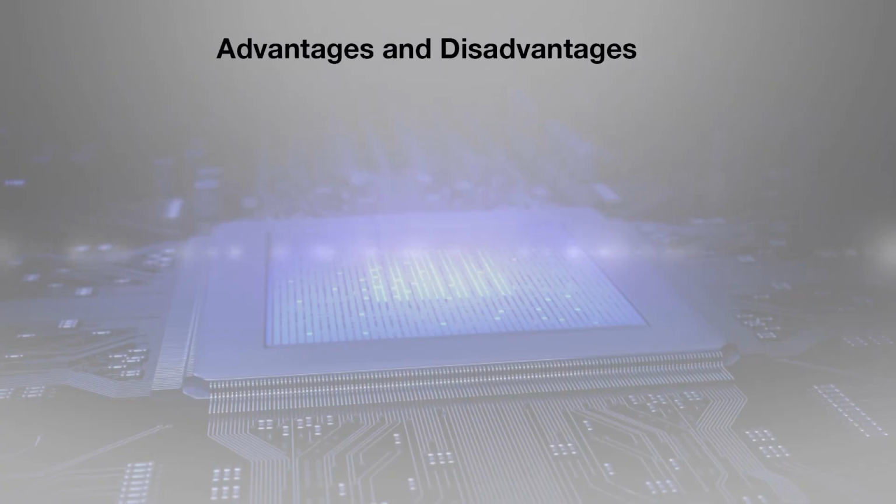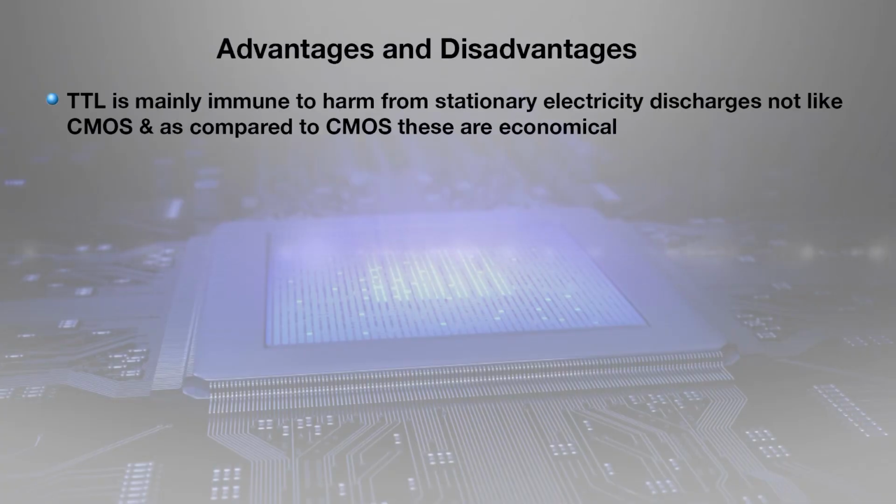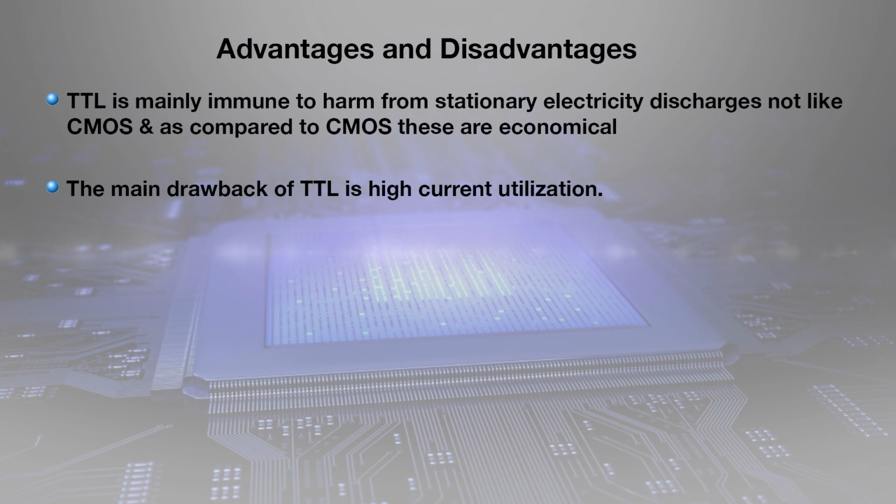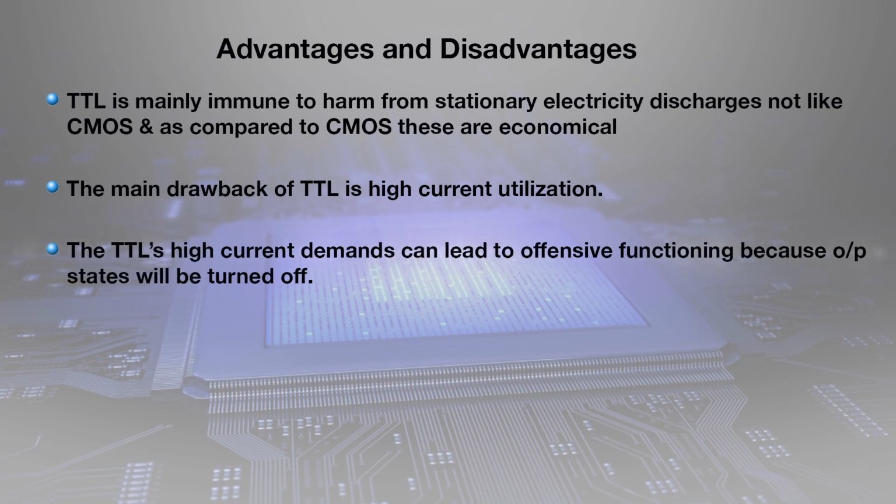Advantages and disadvantages. TTL is mainly immune to harm from electrostatic discharge, unlike CMOS. These are economical. The main drawback of TTL is high current utilization. The high current demands of TTL can lead to erratic function because the output state will be turned off.